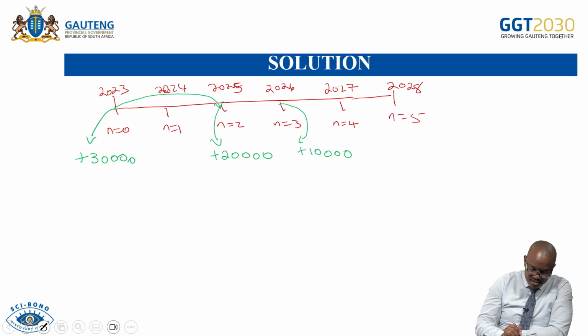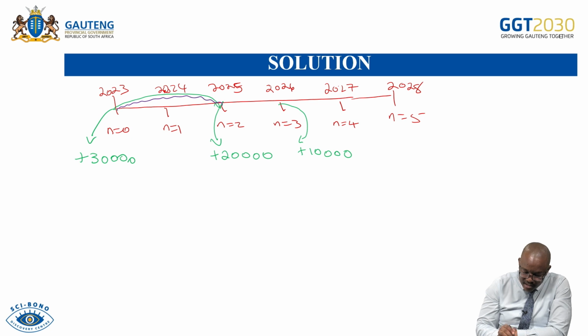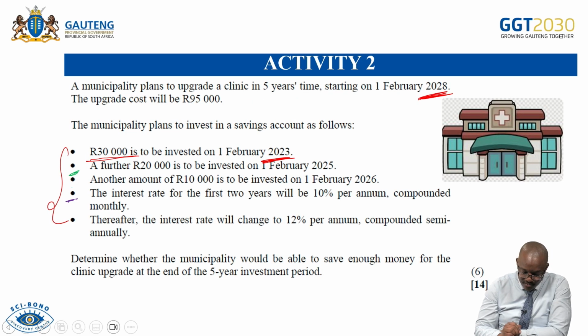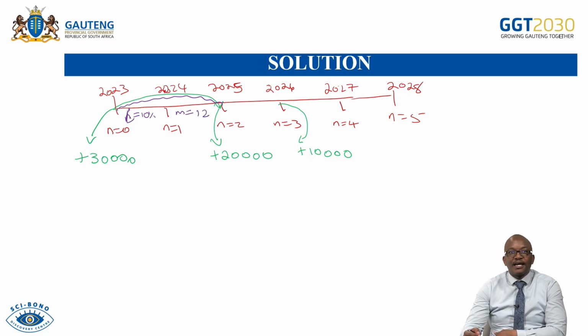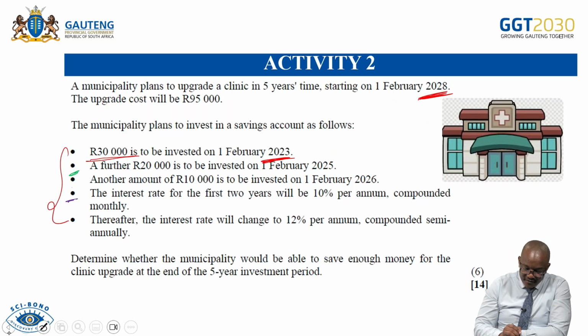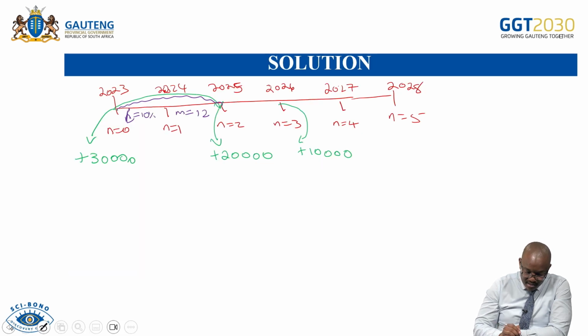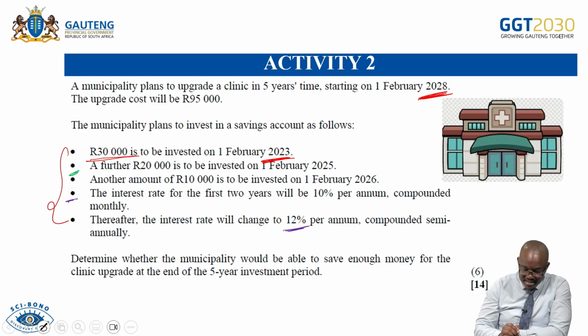It means for the first 2 years, your interest, i, is 10%, and your compounding periods, because it's compounded monthly, is 12 per year. Then thereafter, the interest will change to 12% per annum compounded semi-annually.